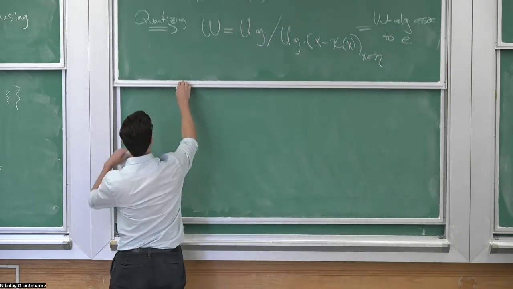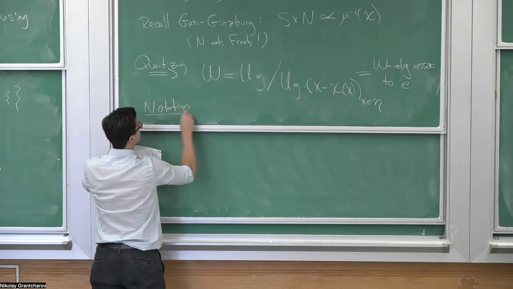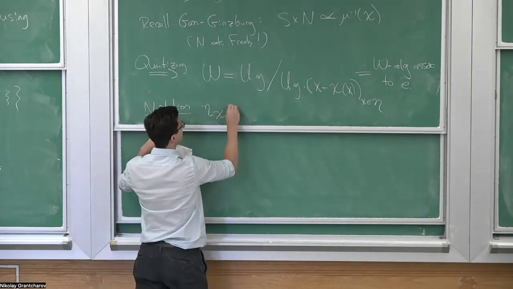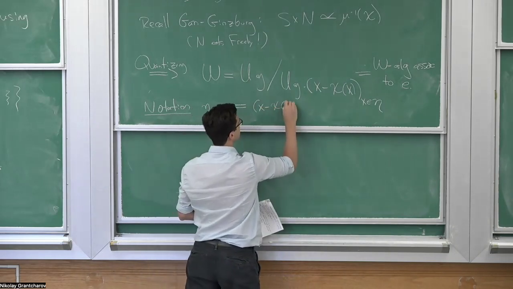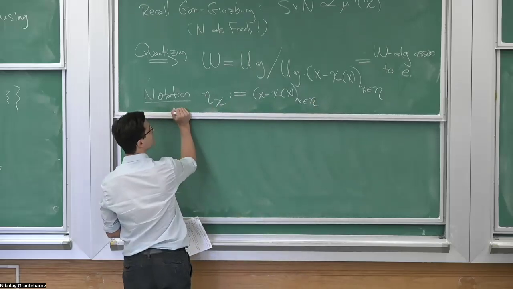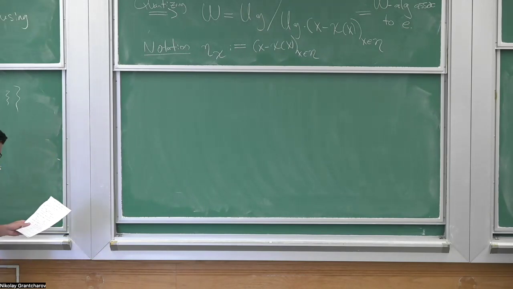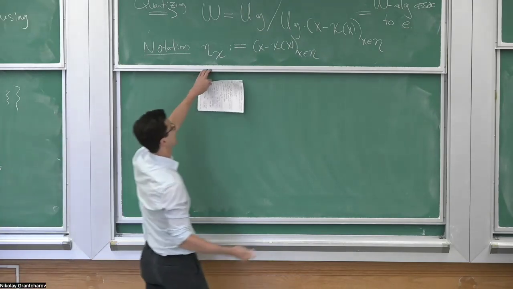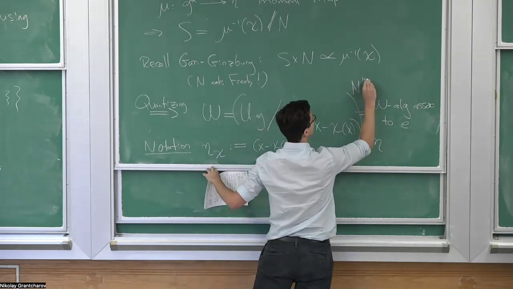And one more notation, since I'm going to be using this ideal, I will call it n sub chi. And I forgot to take the, sorry.